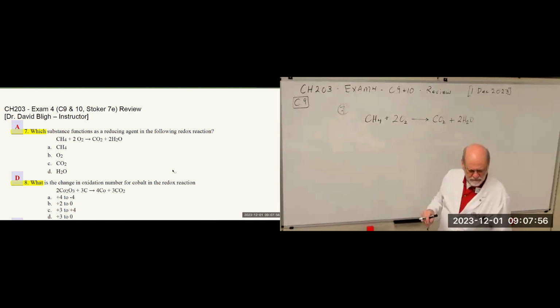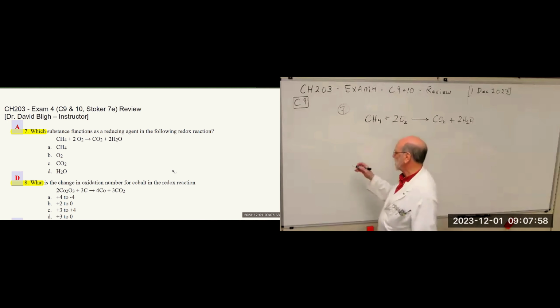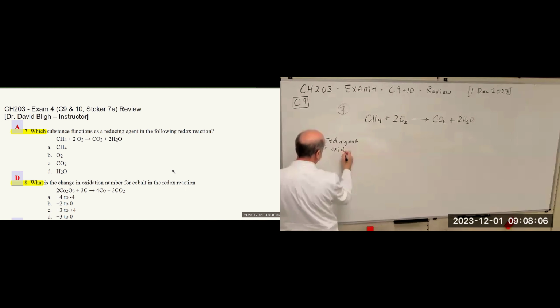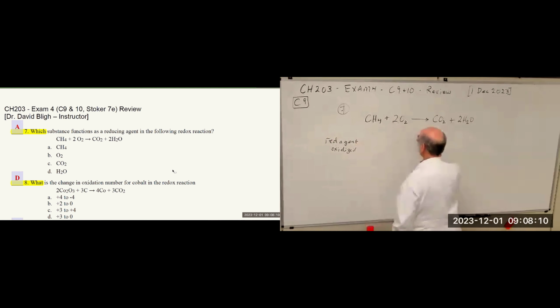Back to the question. Reducing agent. So the reducing agent is the species that is oxidized. So we need to find out which one's oxidized.